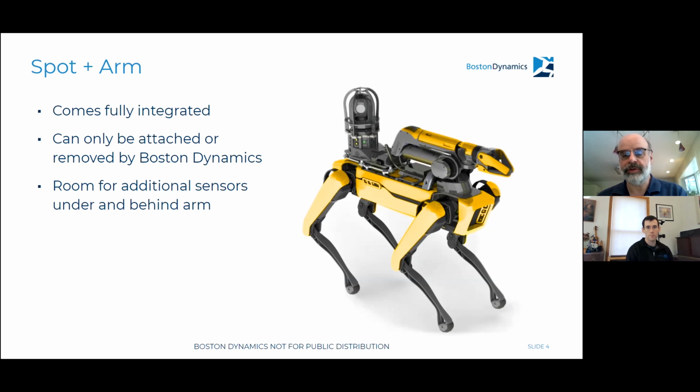In this particular picture, you see a rendering of Spot with the ARM on it, with Spot Cam attached in the rear position of the robot. And then I believe we have a compute payload tucked up under the ARM. So that's a relatively fully configured version of the robot with an ARM.